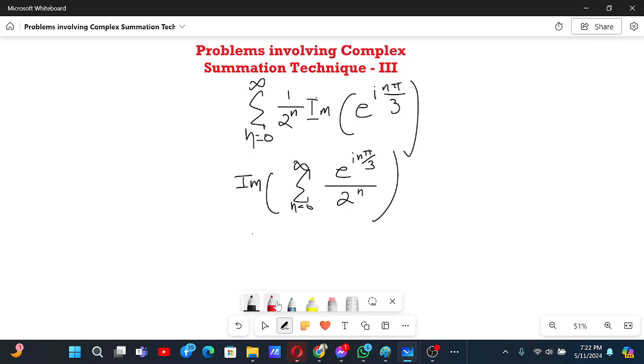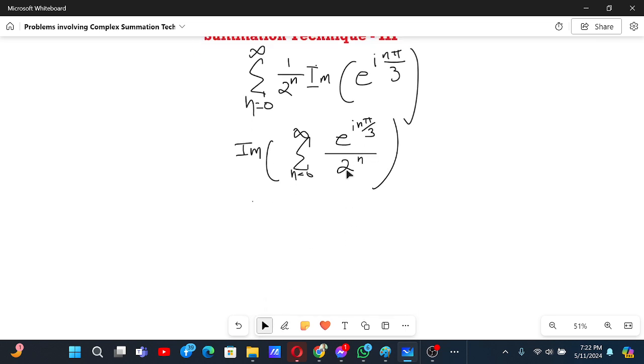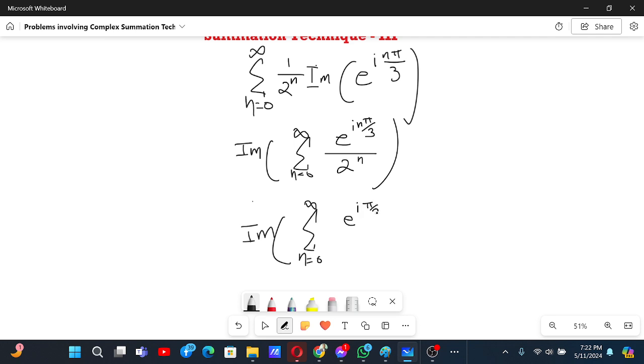Yes, now this is just a geometric series and its common ratio is also less than 1. So we can use the infinite GP formula. Sum from n equals 0 to infinity of e to the power i pi by 3 by 2, to the power n.